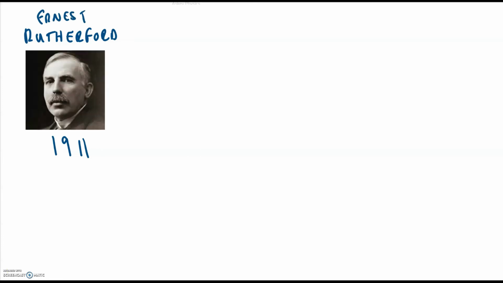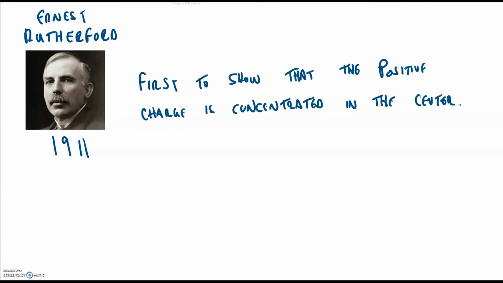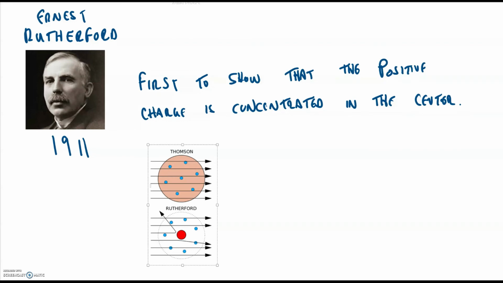In 1911, we have Ernest Rutherford. He looks like this. And he was the first to show that the positive charge is concentrated in the center. How he did this was pretty cool, so I'll show you. He did it by shooting a stream of positive charge at atoms.